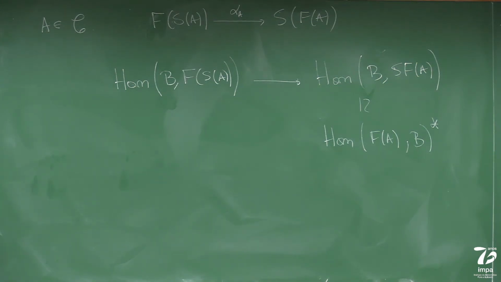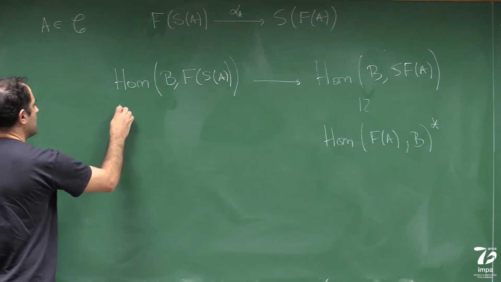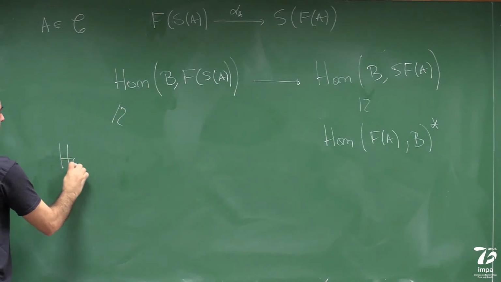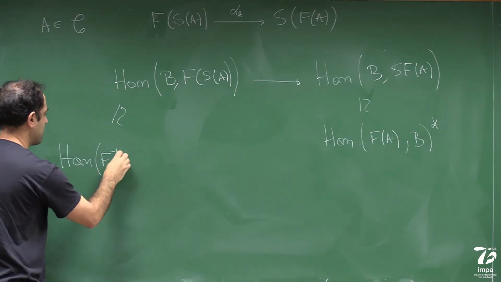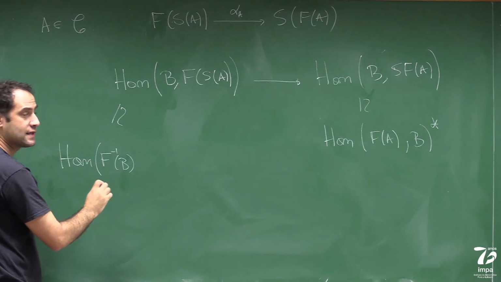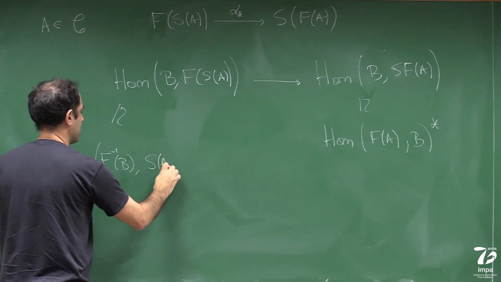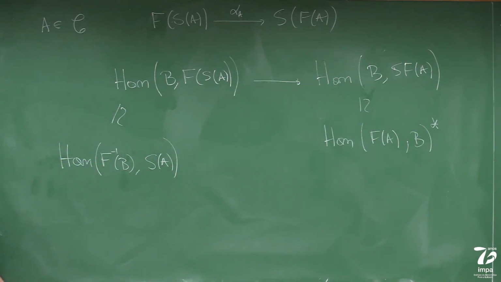Okay, I guess since F is an equivalence, it has an adjoint that realizes that equivalence. So let's see if it follows from something like this. This is going to be this. That's just the fact that F is an equivalence.